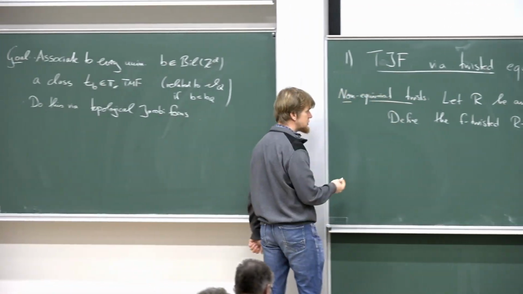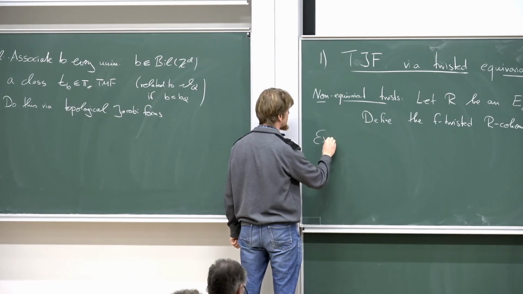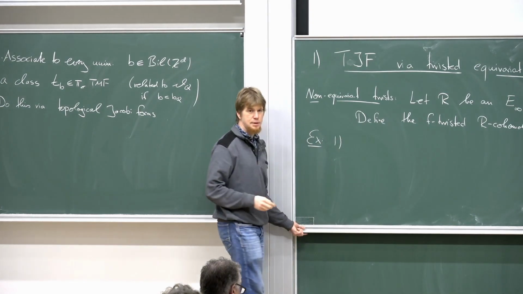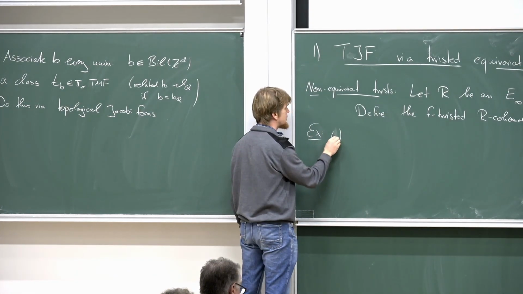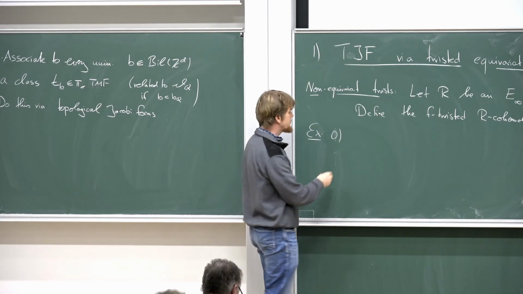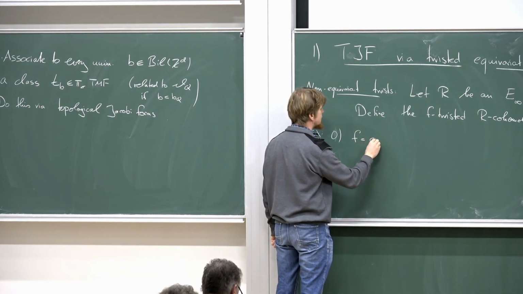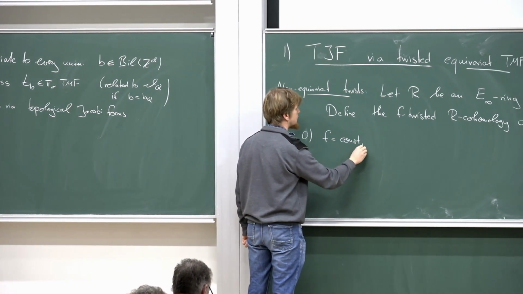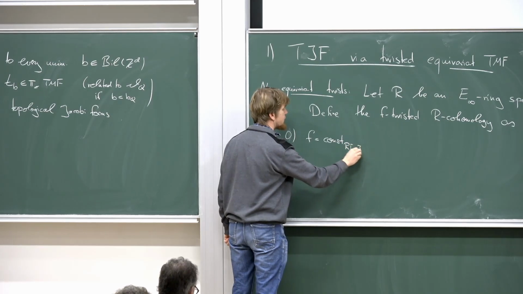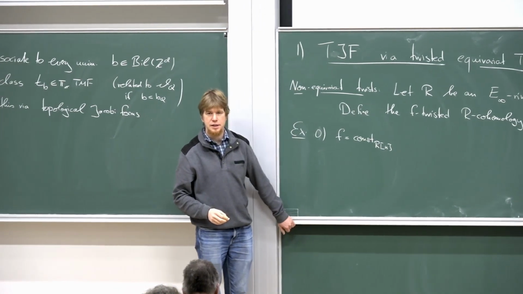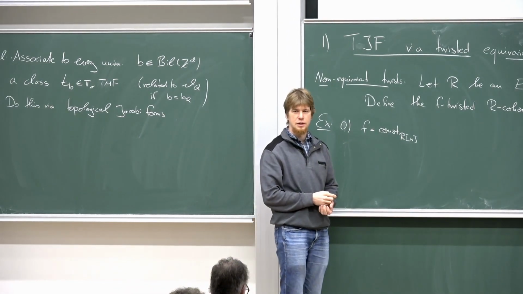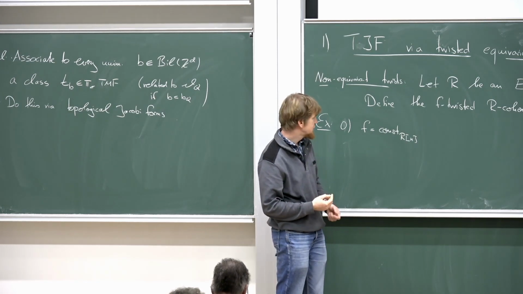So why is this a good definition? Well, first example, or maybe it's example 0, is that f is constantly just an n-fold shift of R. It's the easiest functor to the Picard groupoid you can consider.